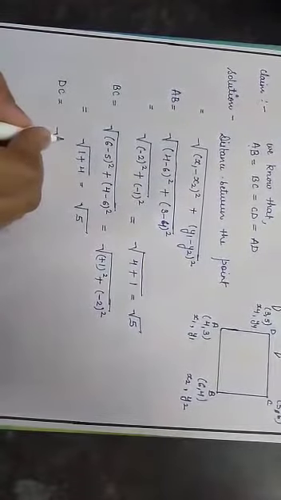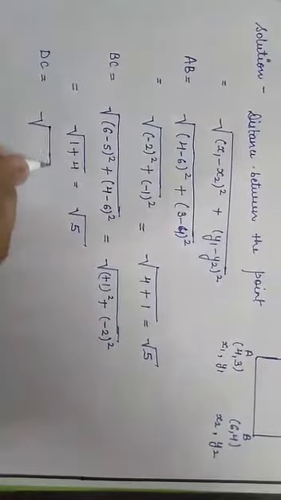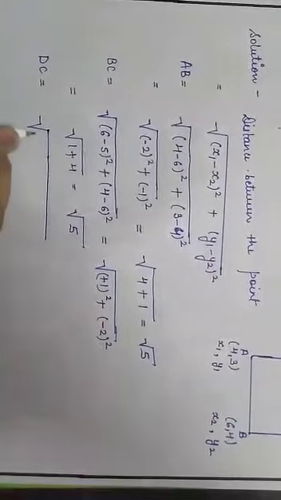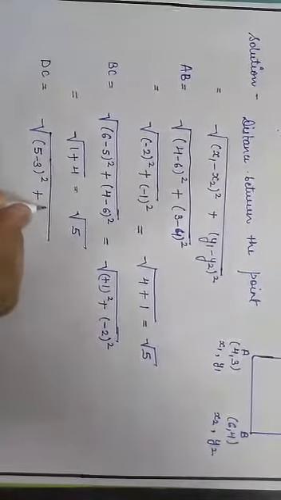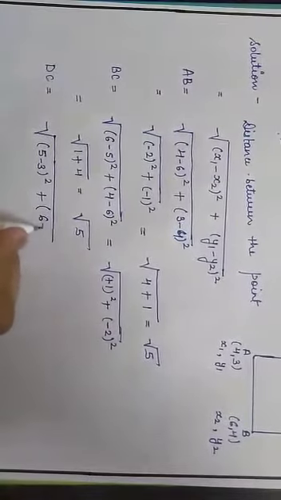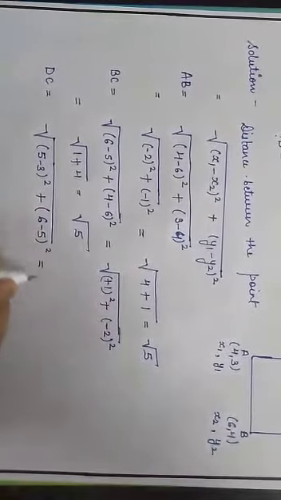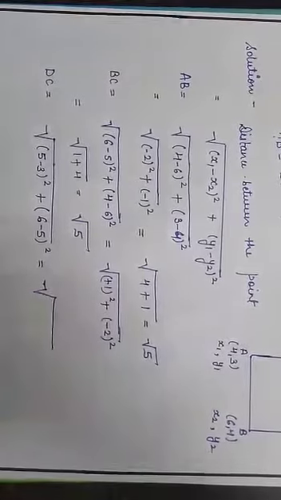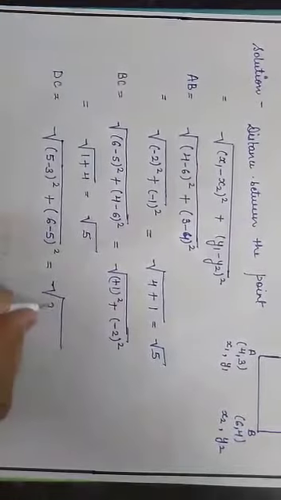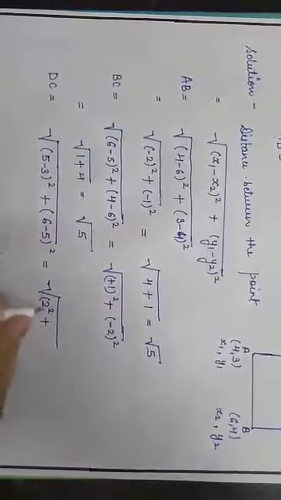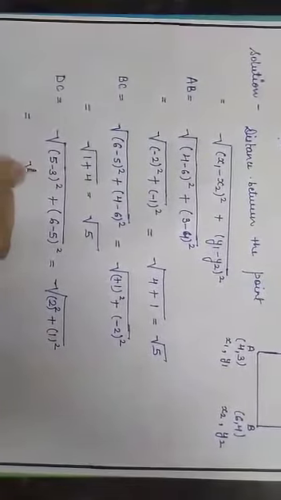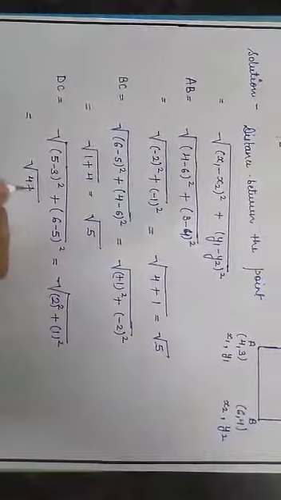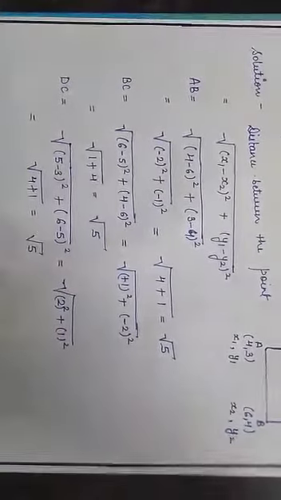Then under root, (5 minus 3) whole square plus (6 minus 5) whole square. Then 5 minus 3 is 2, whole square, plus 6 minus 5 is 1, whole square. It is 4 plus 1, which is root 5.